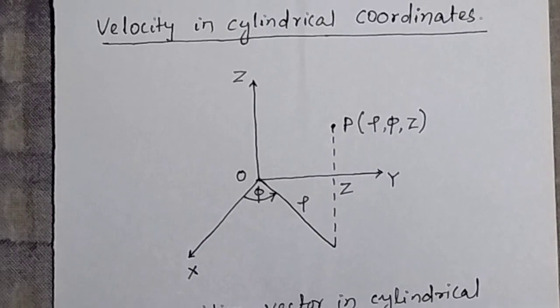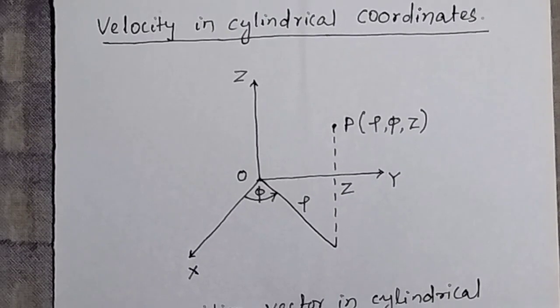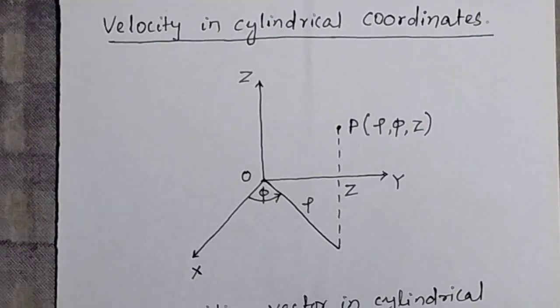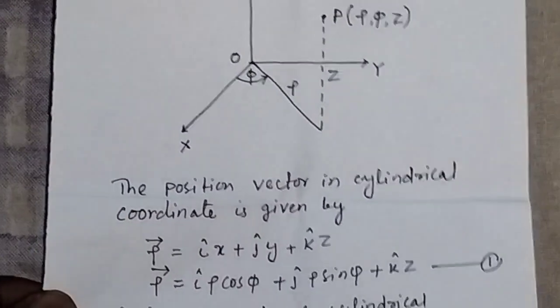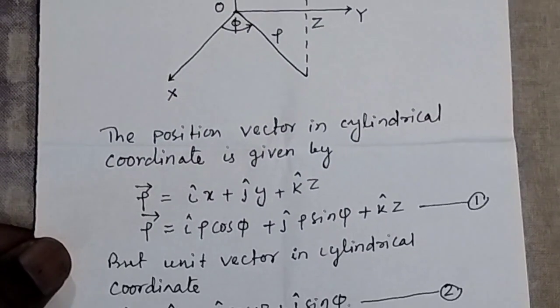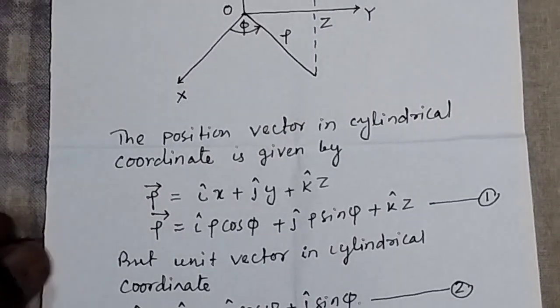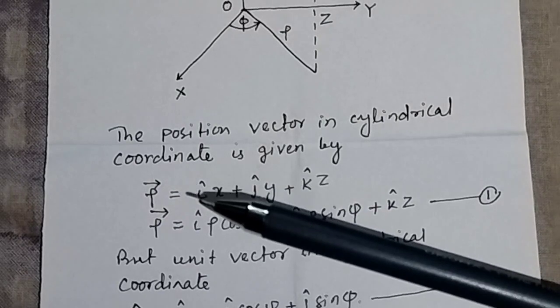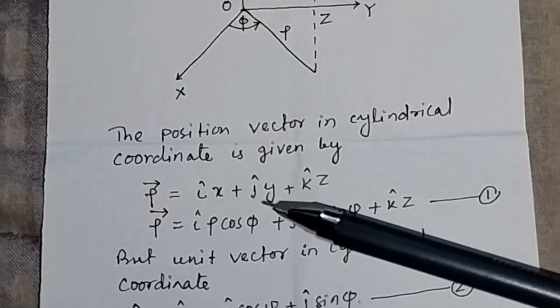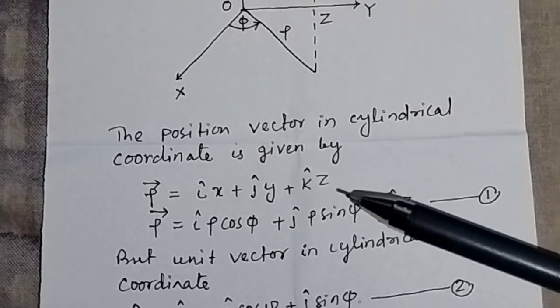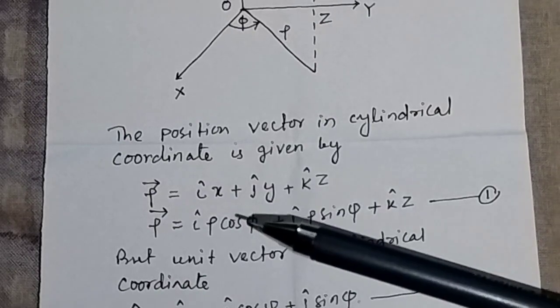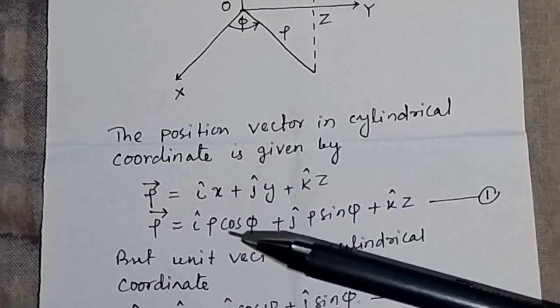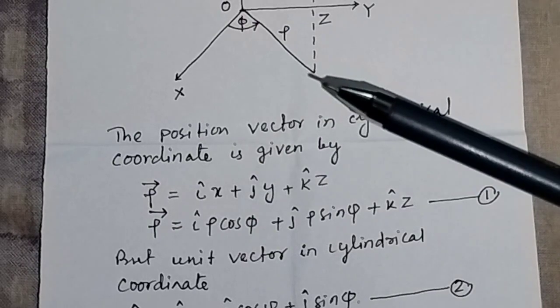Now let us find out how you calculate the velocity in cylindrical coordinates. The position vector in cylindrical coordinates, suppose, is given by the vector rho equal to i cap x plus j cap y plus k cap z, and we know x is equal to rho cos phi.